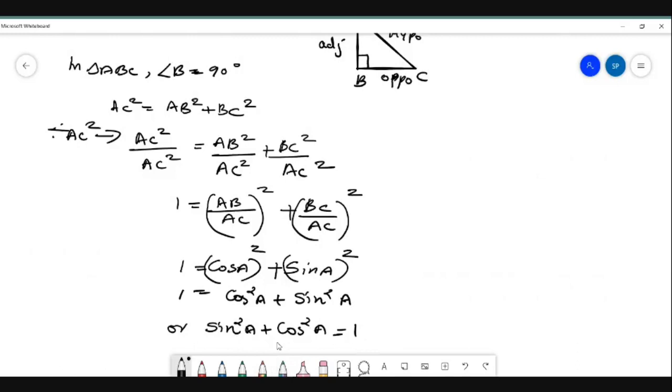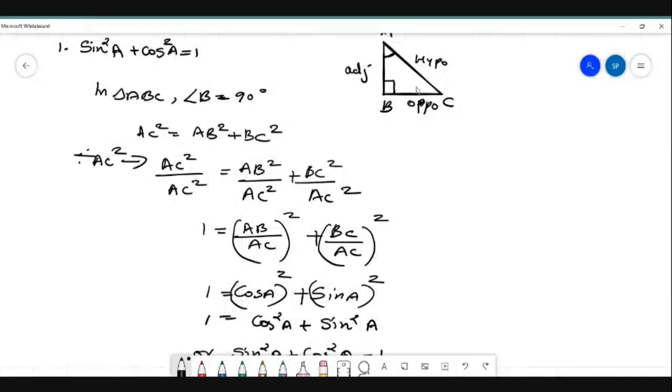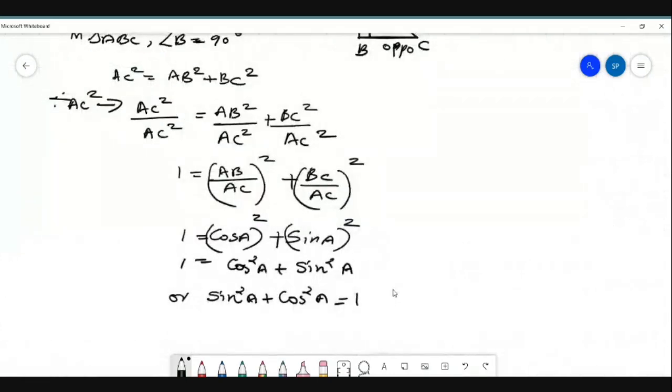We can change or transpose the terms. If you take an angle C, you can say sine square C plus cos square C equal to 1. This is true for all values of A, from 0 to 90 degrees. For every value of A, this equation will be true.